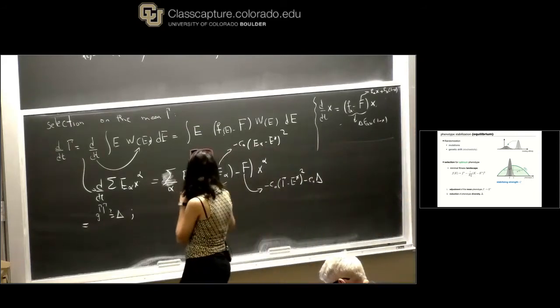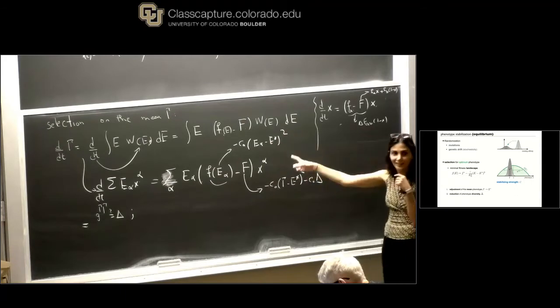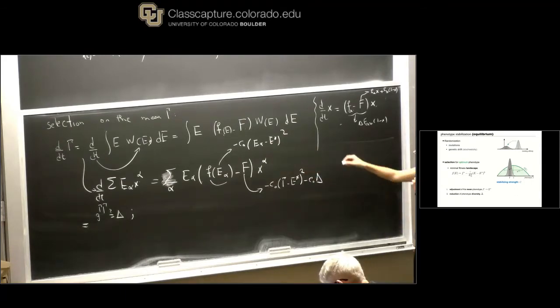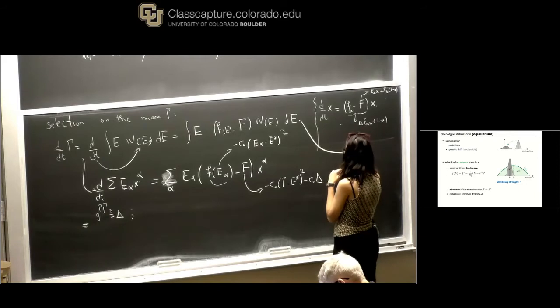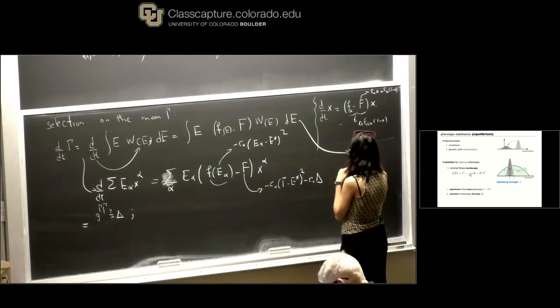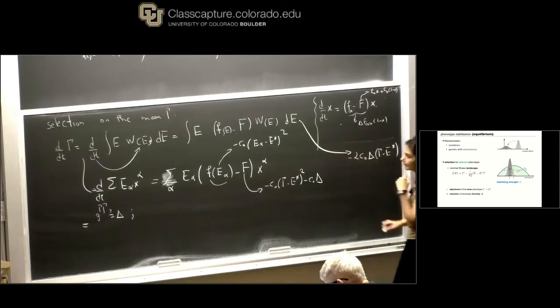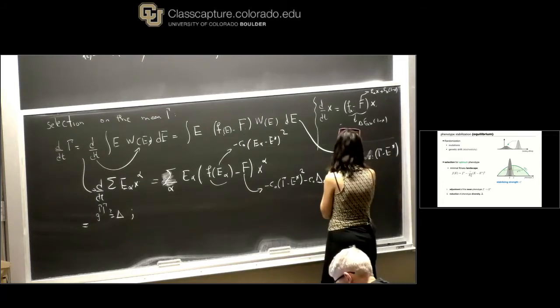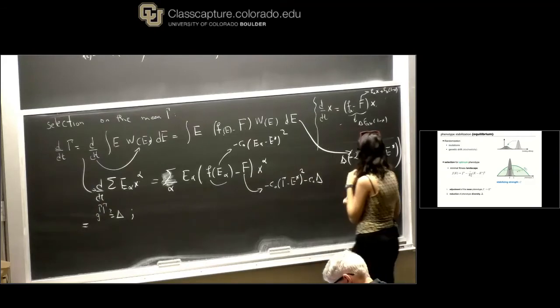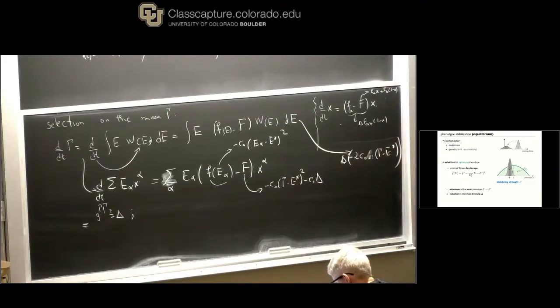So basically, what we expect to get out of this would be minus 2C0 delta gamma minus E star. Right? If I put delta at the end or in the beginning times delta, this is your covariance matrix, and this is the derivative of your fitness potential, or it's a selection force. So how do you see that?